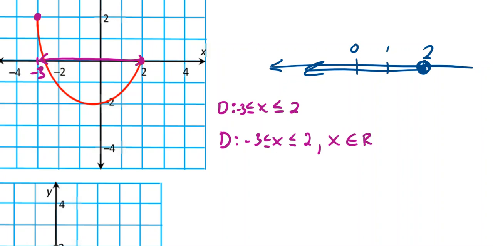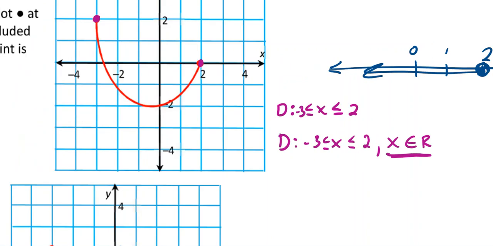And all that last part is saying is that x can be any real number: fractions, decimals, anything in between. So x is allowed to be 0.5, that would give me that point right there. It's allowed to be 0.001. It's allowed to be anywhere in between. That's all that last part on the end is telling us.